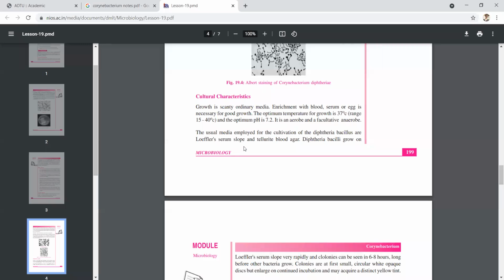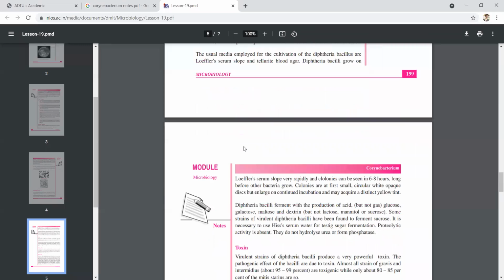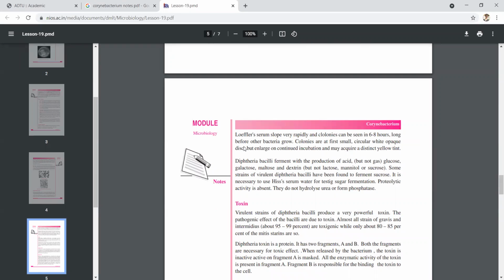Diphtheria bacilli grow on Loeffler's serum slope very rapidly, and the colonies can be seen within 6 to 8 hours, which is long before other bacteria can grow. That means the growth is very fast on this media. Colonies are at first small, circular, white, opaque discs, but enlarge on continued incubation and may acquire a distinct yellow tint.